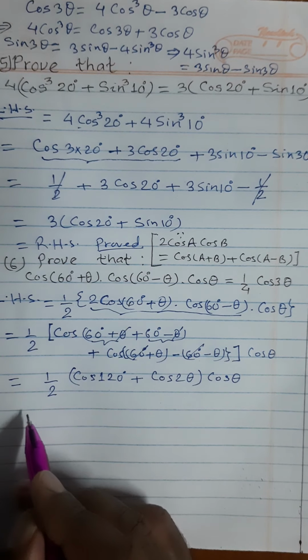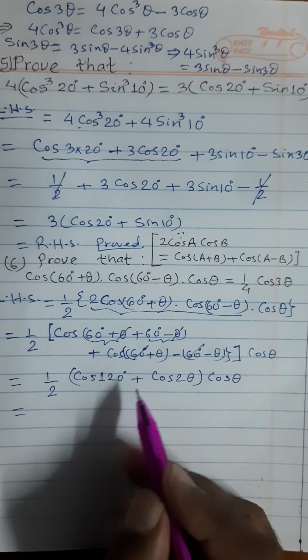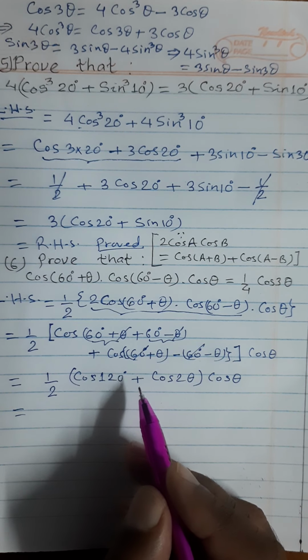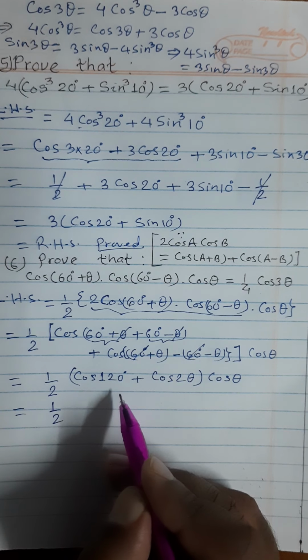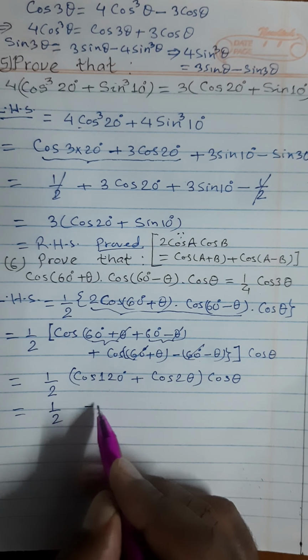Okay, and here the cos 120 degree value, you can find out cos 180 minus 60, and cos 180 minus 60 equals minus cos 60, without using a calculator, or using a calculator directly. The calculator also gives you the value of cos 120 degree, that is minus 1 over 2.